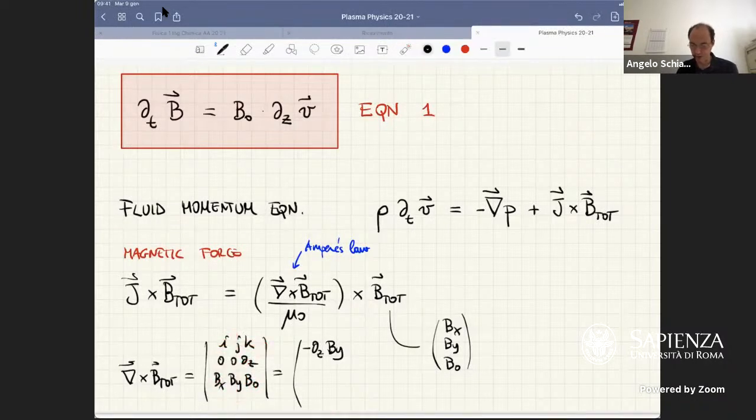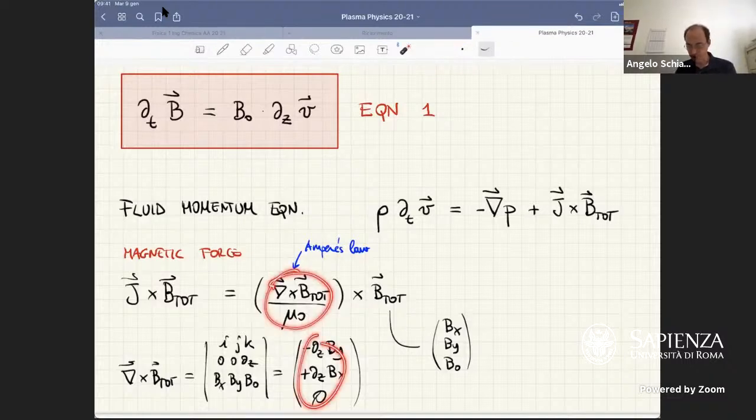We have to change the sign, so plus dz Bx. And then we have the last term, which is 0. Okay. And we stop it here. Now we have the left vector, which is this one here, the right vector, which is B naught, and we have to take the curl, so another vector product using the components.